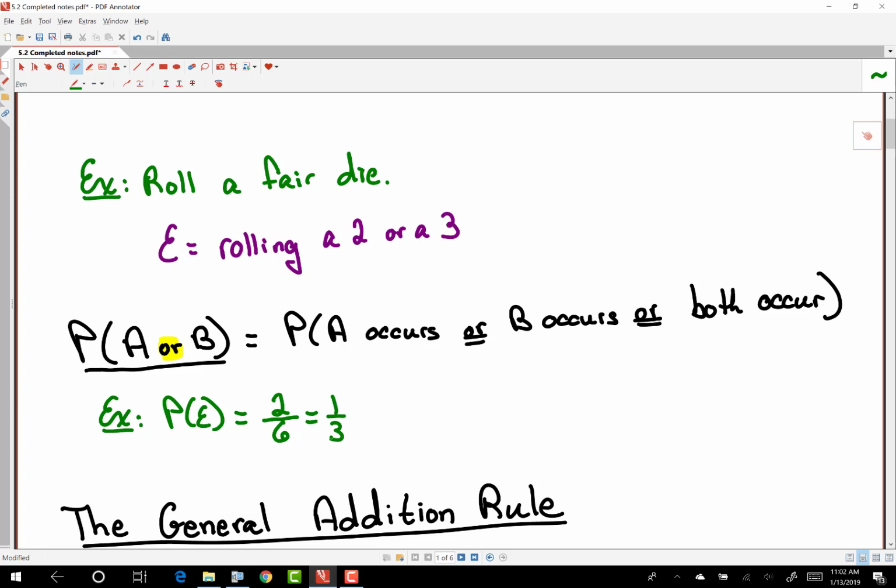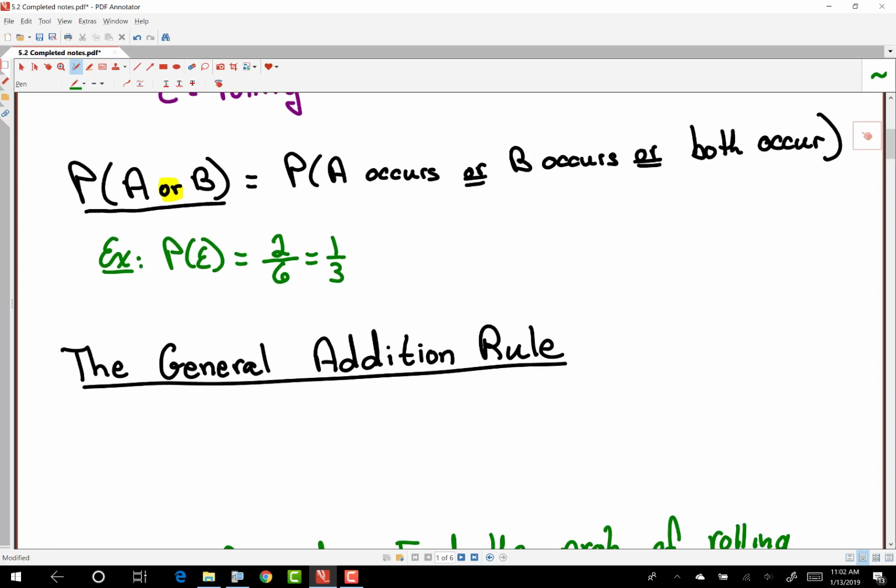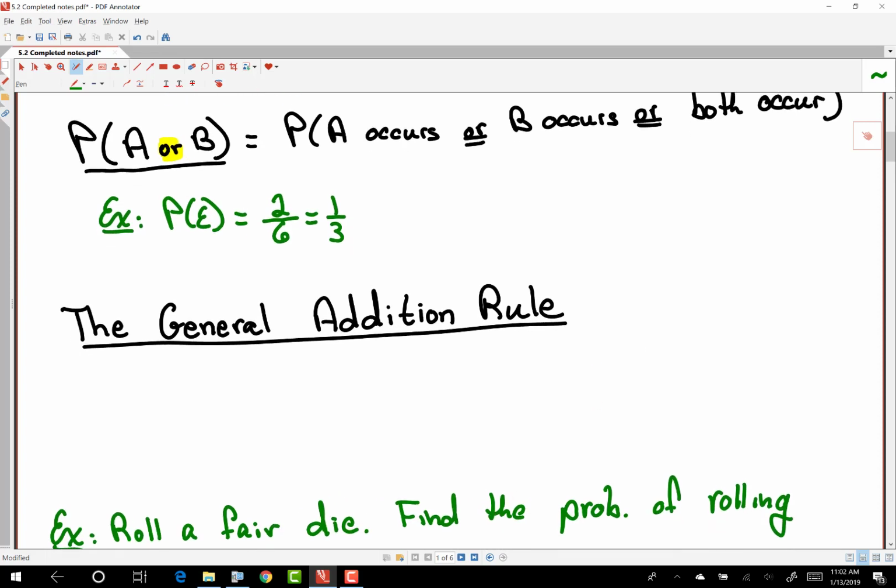So there I didn't use any special rule. I just counted the number of ways event E can occur and divided by the total number. You can keep doing that, that's fine. But there might be situations where you actually need to use a rule or a formula. So I'm going to tell you what that formula is, and then we'll go back and do this example using the formula, although we know it's not necessary.